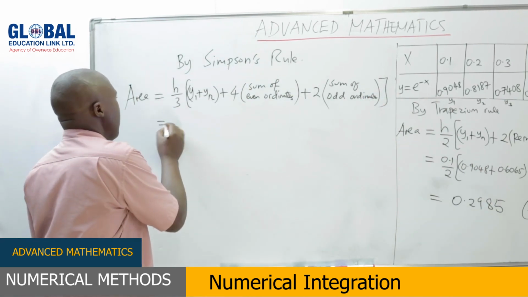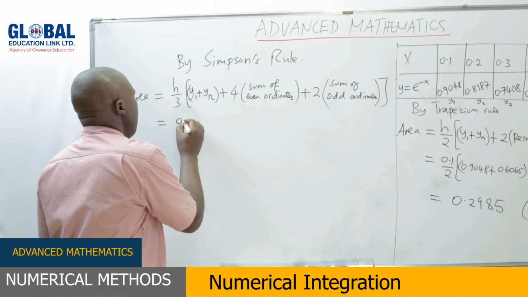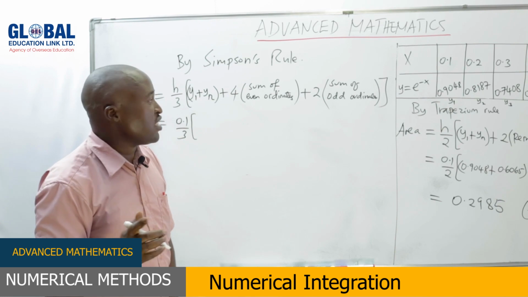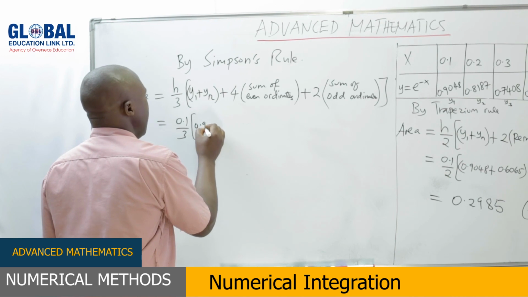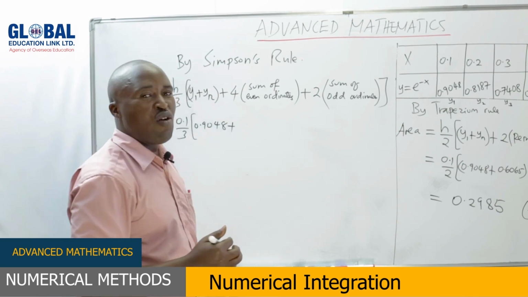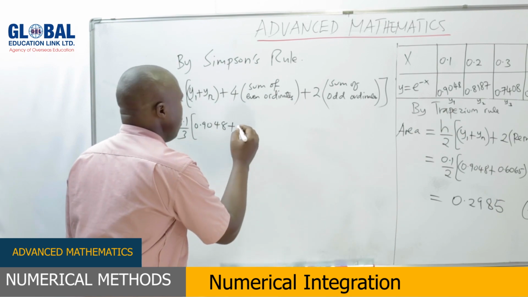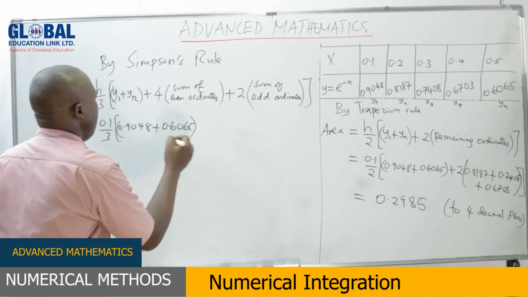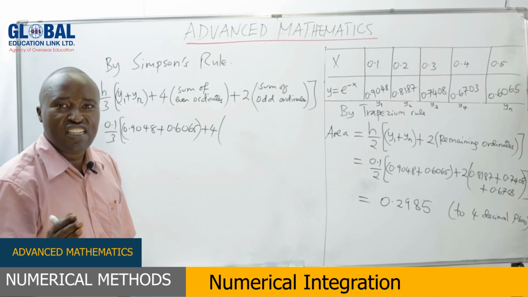So remember the value of h was 0.1. So here we have 0.1 over 3. So y1 plus yn, our y1 is 0.9048 plus yn, our last ordinate, that is 0.6065, then followed by 4 times the sum of even ordinates.